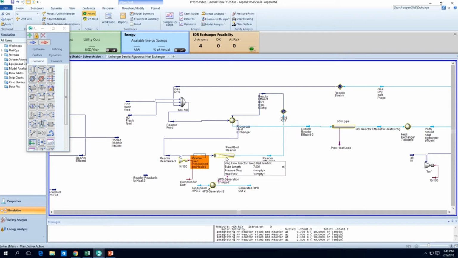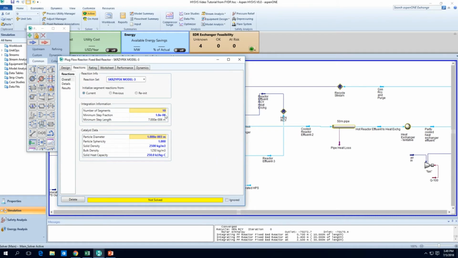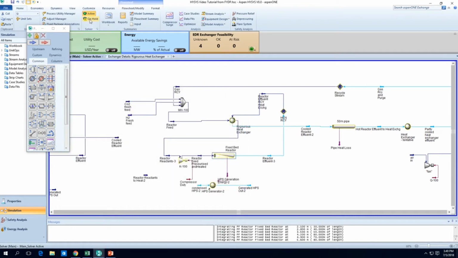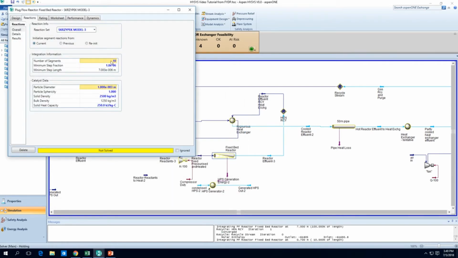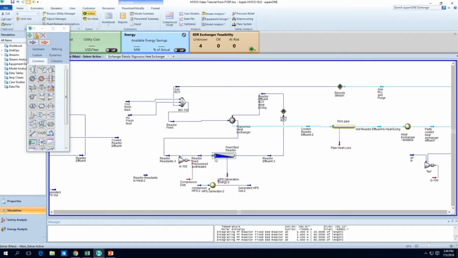Well, if you want to do it even faster, we can just reduce the number of segments down to 5. So I'm just going to do that so that we can quickly wrap this tutorial up. Should help it converge a lot faster.